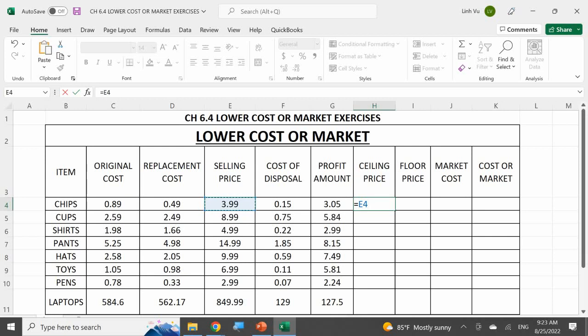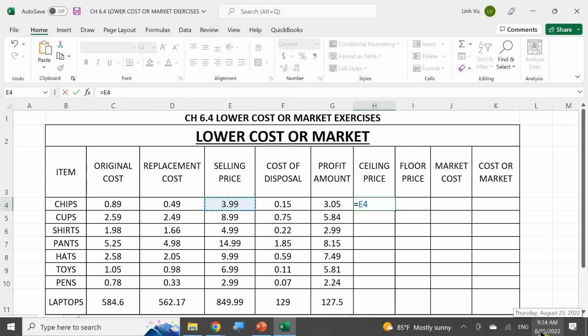It would be 89 cents minus 15. No, not replacement cost. My selling price minus the cost of disposal.